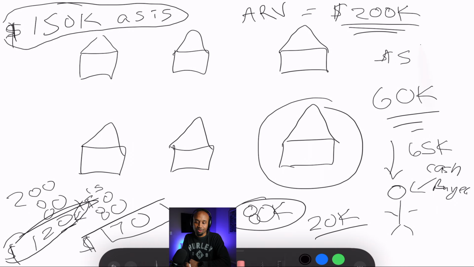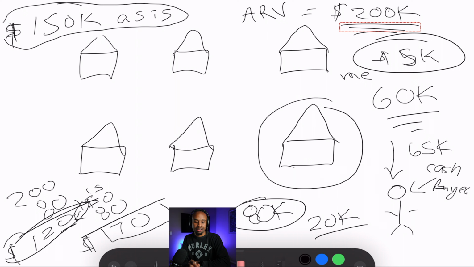It's crazy when you get to looking at all these numbers, because as a wholesaler or a bird dogger, you're getting pennies. You're actually getting pennies. So I got 5K out of this deal. This guy got 120K. Plus he has a house that I think he's renting for like $1,500 a month.